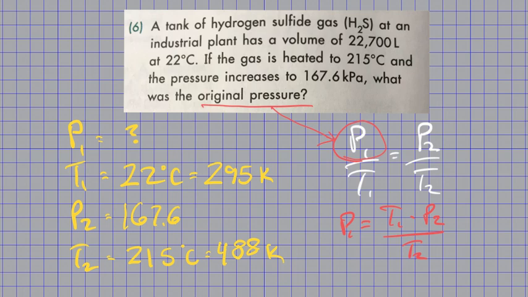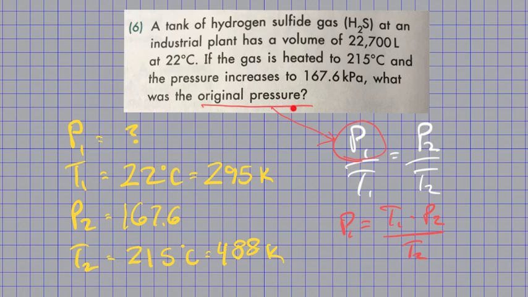All right, now let's read this problem. A tank of hydrogen sulfide gas, which is basically the smell of a rotten egg, at an industrial plant has a volume of 22,700 liters at 22 degrees Celsius. If the gas is heated to 215 Celsius and the pressure increases to 167.6 kilopascals, what was the original pressure?